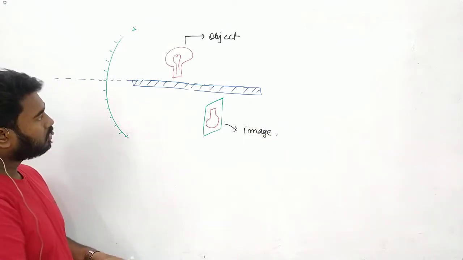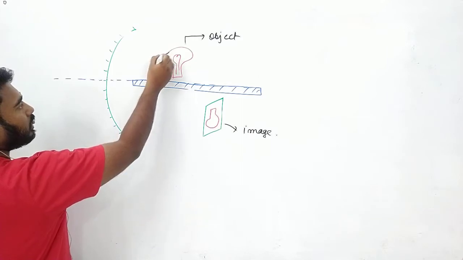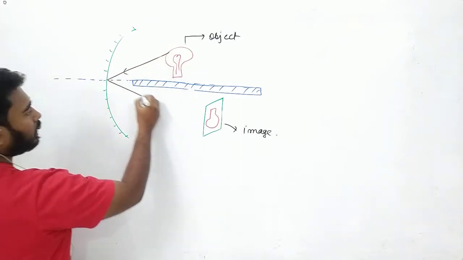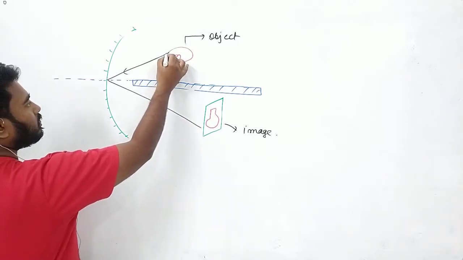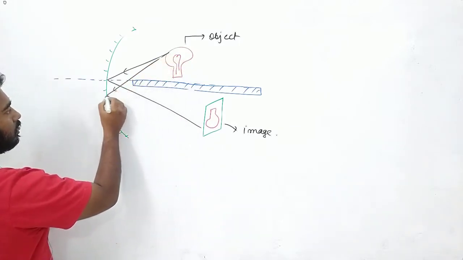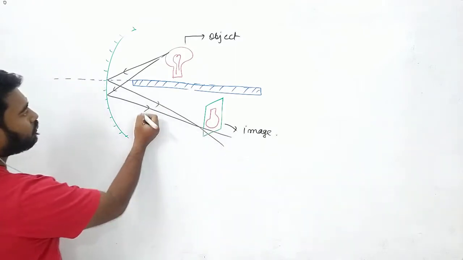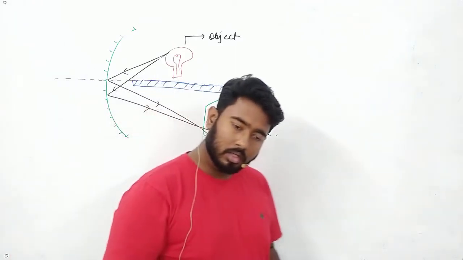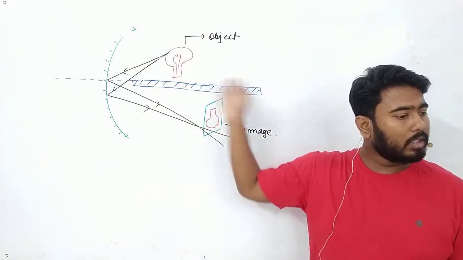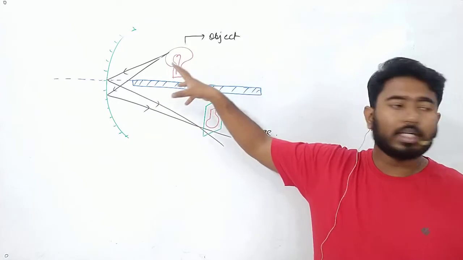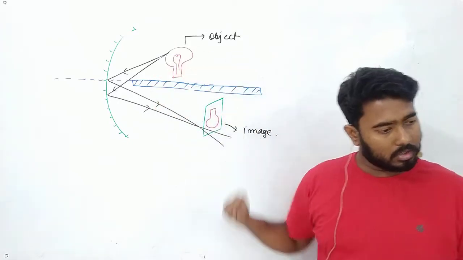And for the image to form, we will draw rays of light that will fall and form this image. Now every time we won't be drawing such a big diagram like this. We will be using it diagrammatically, like we will be using short symbols and we can understand the thing. Okay.